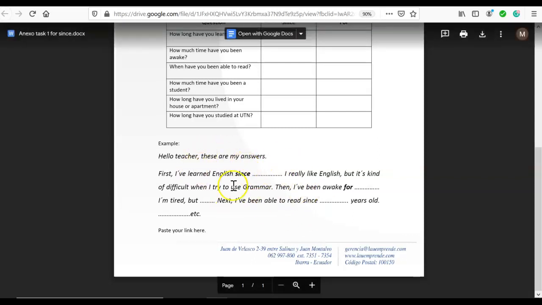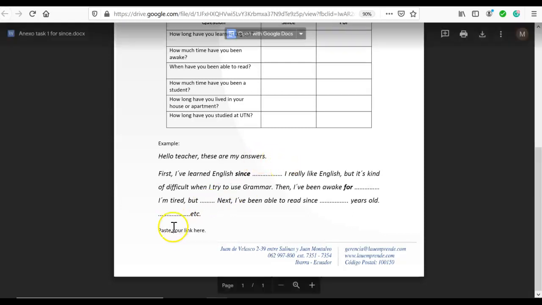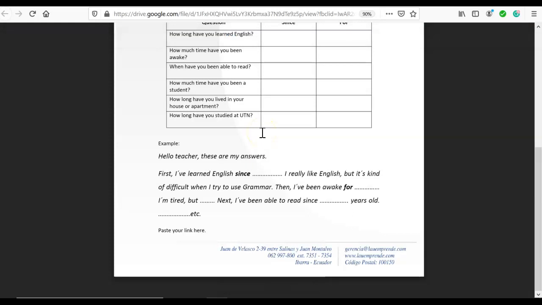It's not necessary to write, it's only an audio. If you want, you can write it in your notebook, and later you can practice and record your audio in SoundCloud. Then you paste the link of SoundCloud over here, transform this file to PDF, and upload it to Edmodo. That's all.